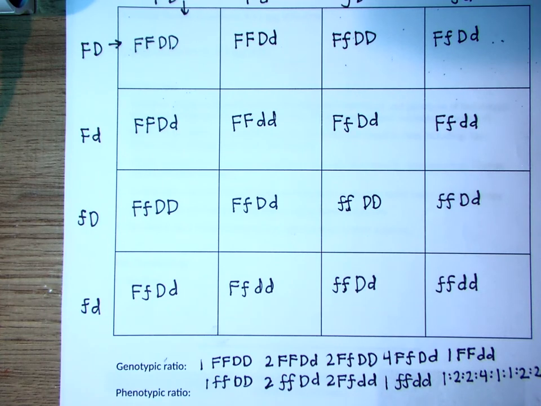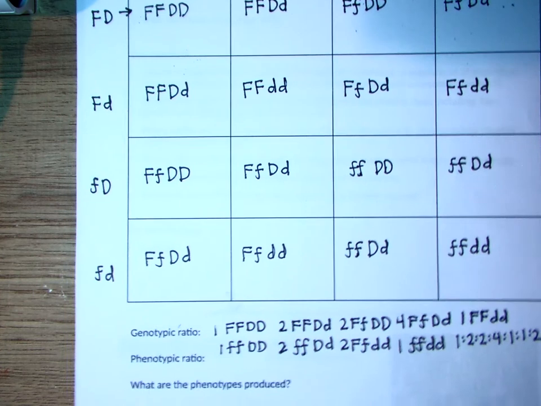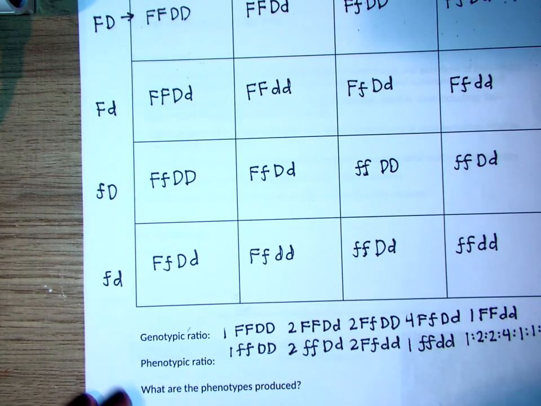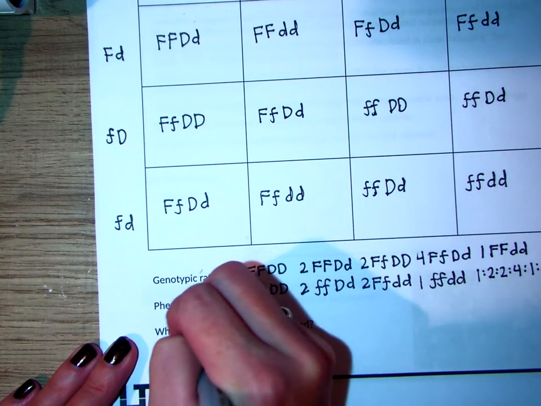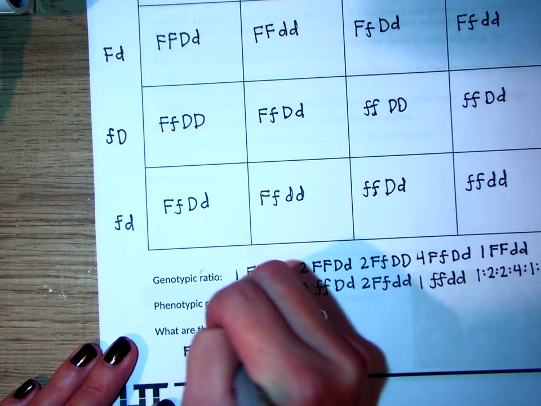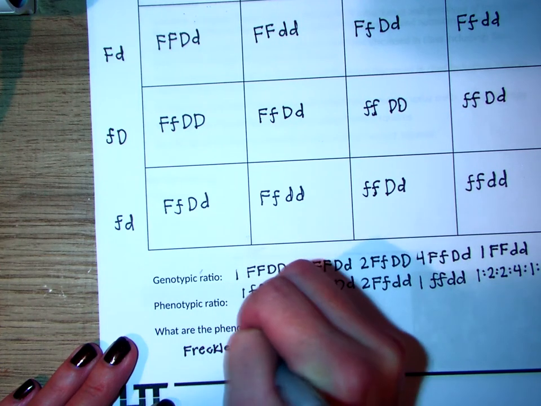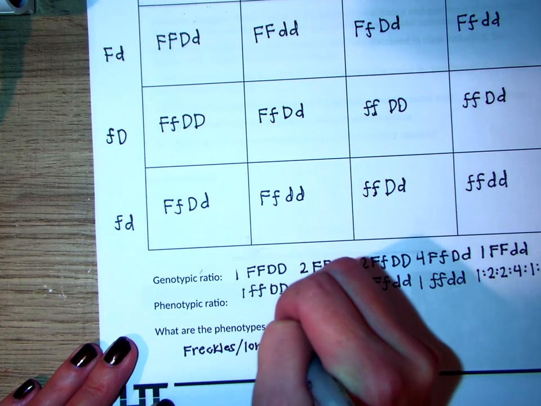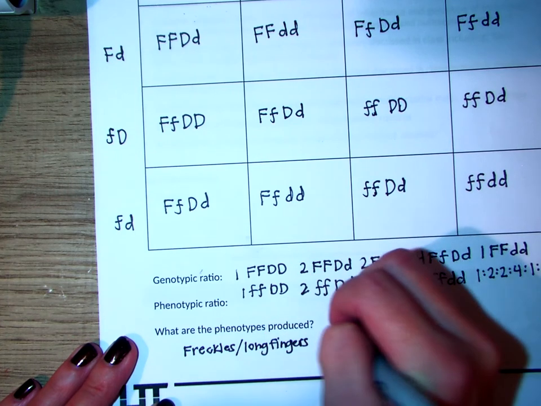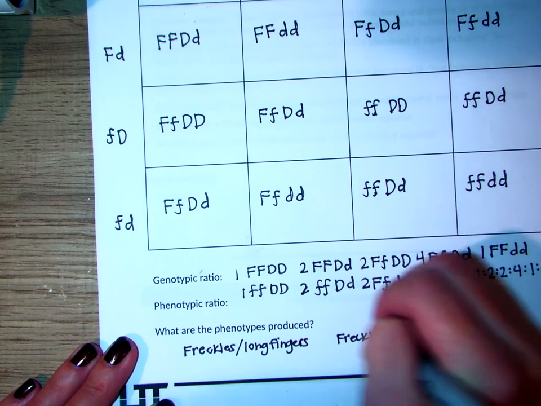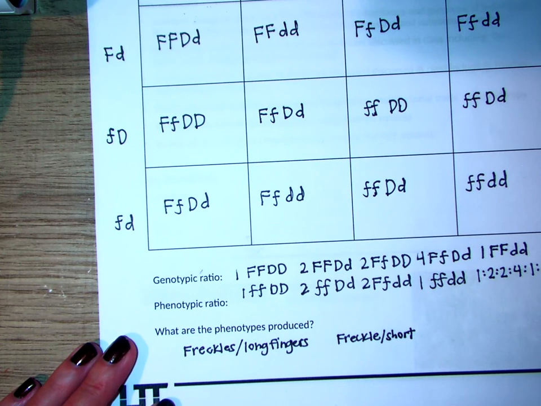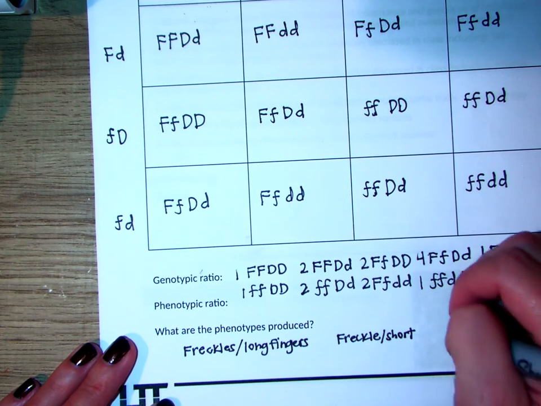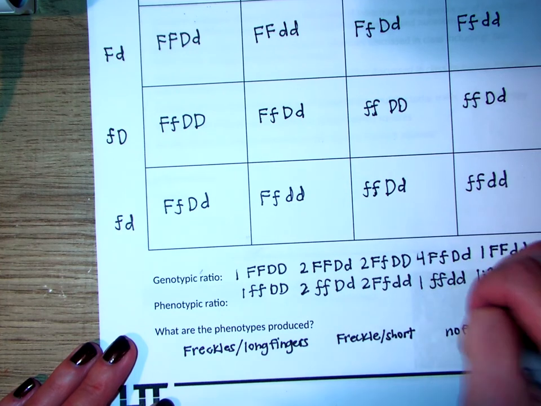So let's write out the different options that we can have. There can be freckles with long fingers. We can have freckles and short fingers. I'm just going to write short. We could have no freckles and long fingers.